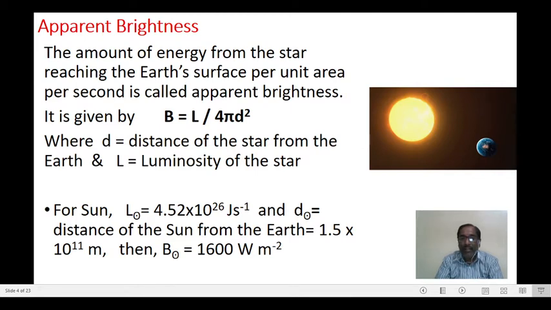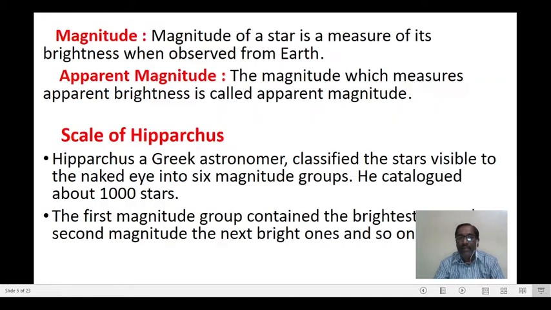Next, for the Sun, just now we have calculated luminosity is 4.52 into 10 to the power of 26 joule per second, and distance of the Sun from the Earth is 1.5 into 10 to the power of 11 meter. Then after calculation we will get B naught equals 1600 watt per meter square.